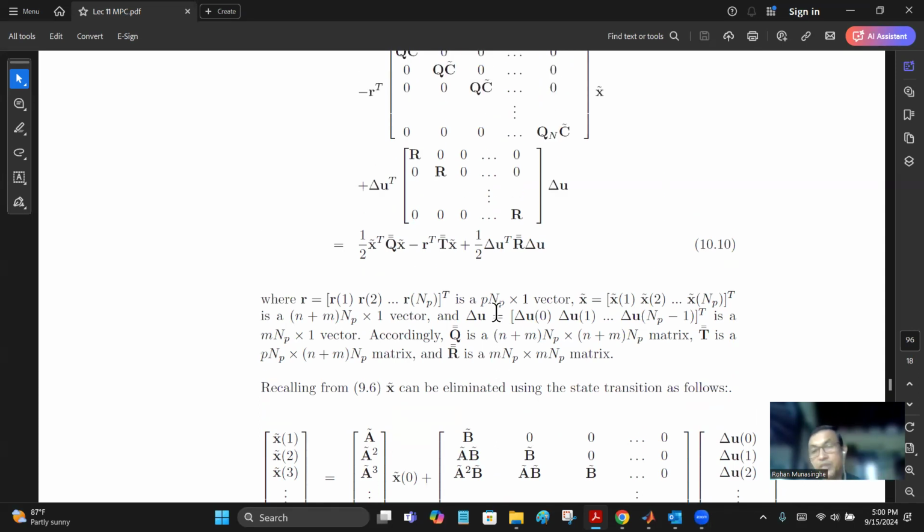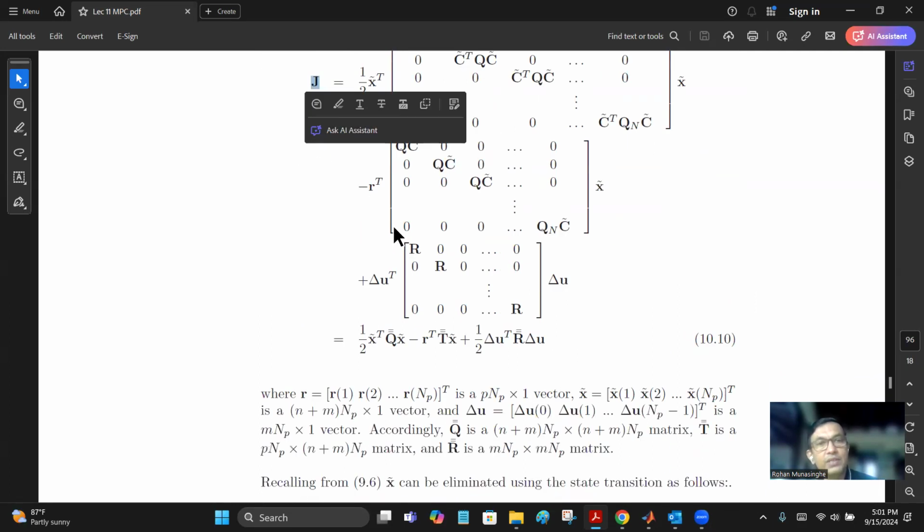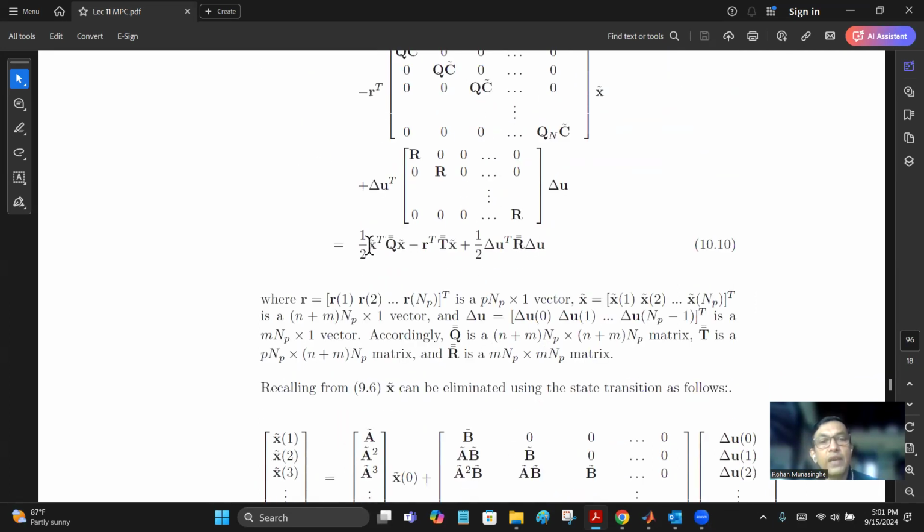We have the same problem here that we had earlier. The cost cannot be minimized as long as you have x tilde here. X tilde is the new state of the transferred system, and it depends on delta u. So you can't have two variables in the optimization.